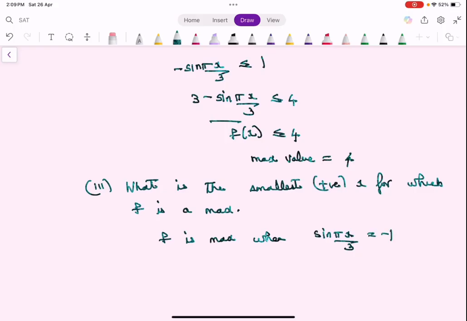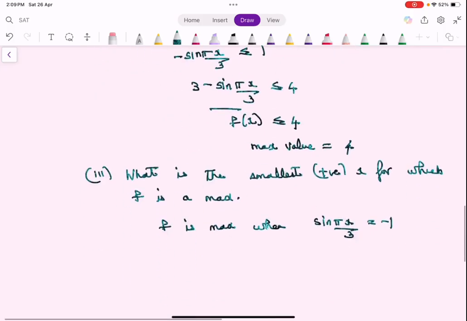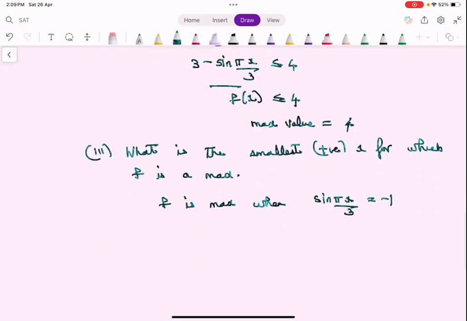Why? Because f of x is 3 minus sin pi x by 3, and the maximum value of sin pi x by 3 is 1. So the maximum value of minus sin pi x by 3 will be minus 1. So when is sin theta minus 1? When theta is 3 pi by 2. So pi x by 3 is 3 pi by 2, and solving you get x equal to 9 by 2.